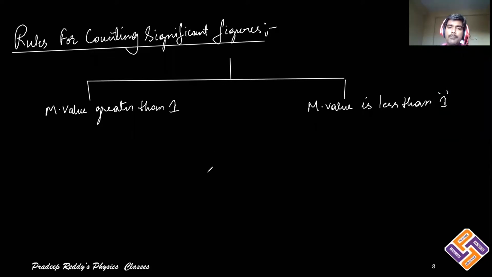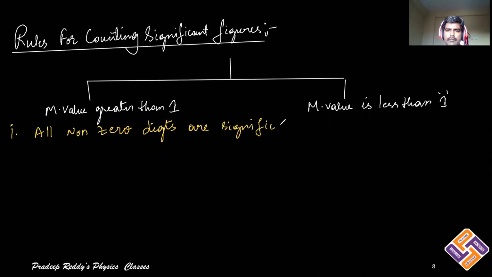And in both of these, whether it is greater than 1 or less than 1, when you are dealing with the number of significant figures, the number 1 rule is: all non-zero digits are significant in a measurement.